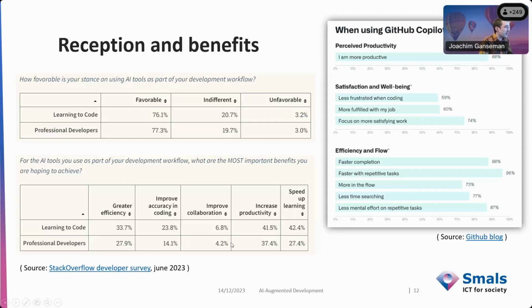They might be more concerned with productivity, but improving accuracy for them is less of an issue. They know how to write accurate code already. And speeding up learning is also not really an issue, because if you're senior, you usually already know your stuff.